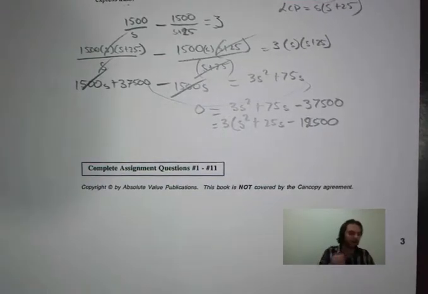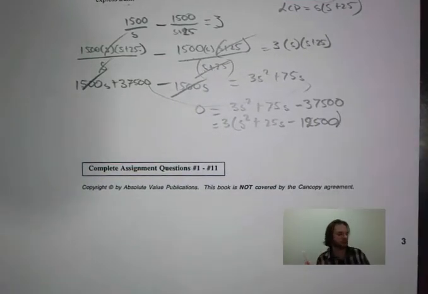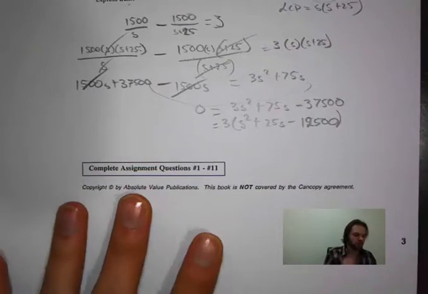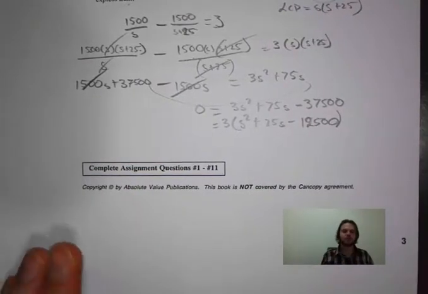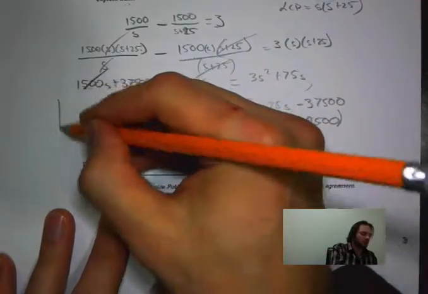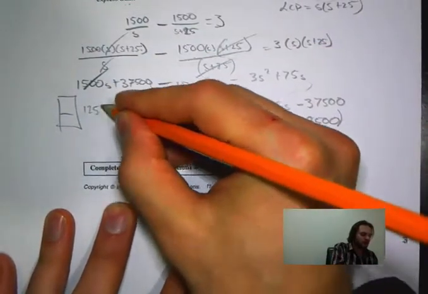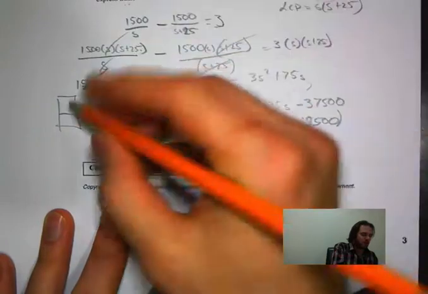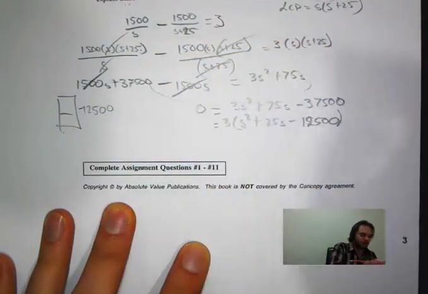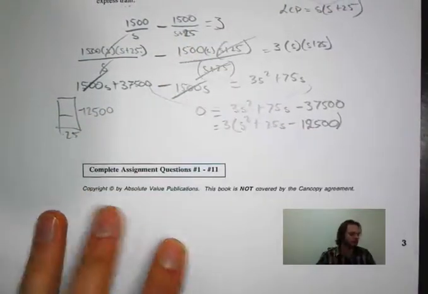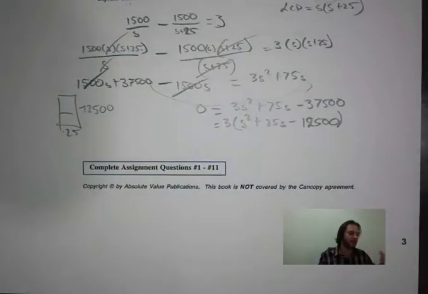Now, I could factor this, which shouldn't be too hard, or I could use the graphing. We could use the box method and factor, with 1, 25, and negative 12500. Figure out what to make that. We know there's a difference, so it's a big one and a small one.